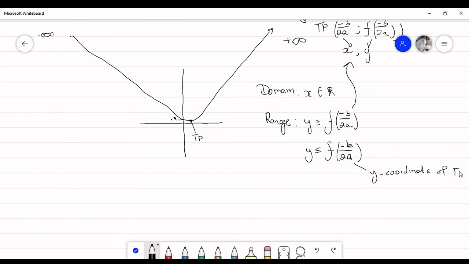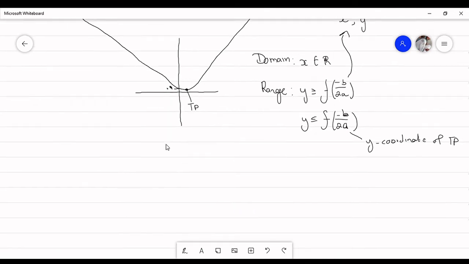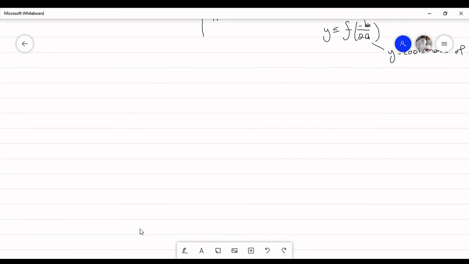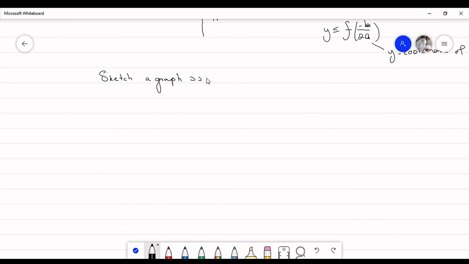of our turning point. So now let's look at the important factors on how to sketch a graph. To sketch a parabolic function, we need certain things. For example, to sketch our graph, we need to find x and y intercepts.